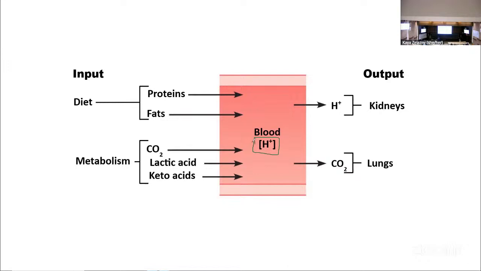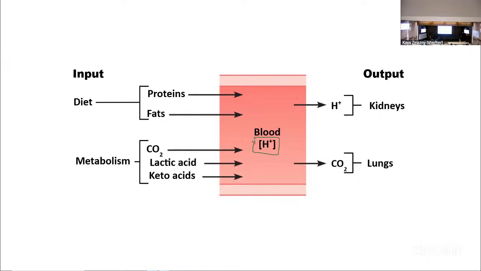Things that put them in would be things you're eating, as well as metabolic processes going on in your body. As you're breaking down proteins and fats, you're putting some hydrogen ions into the blood. Carbon dioxide is partially getting converted into hydrogen ions. You have lactic acid, you have keto acids, potentially also building up the acidity of the blood as you do metabolism, as you make ATP.